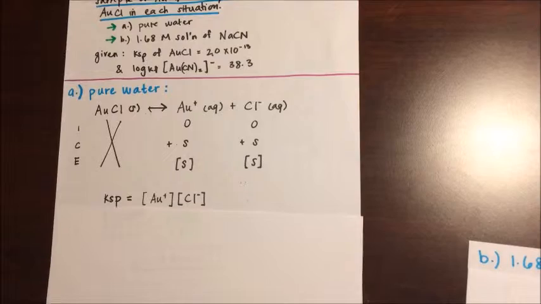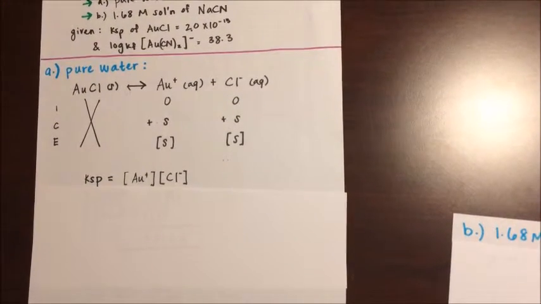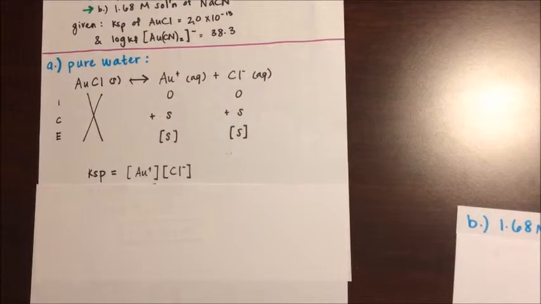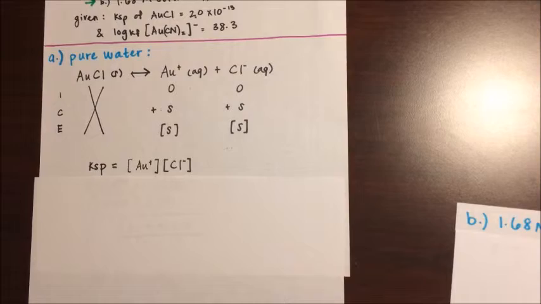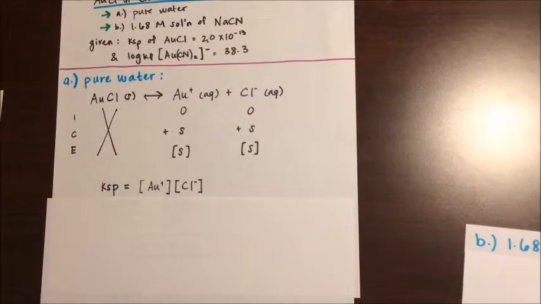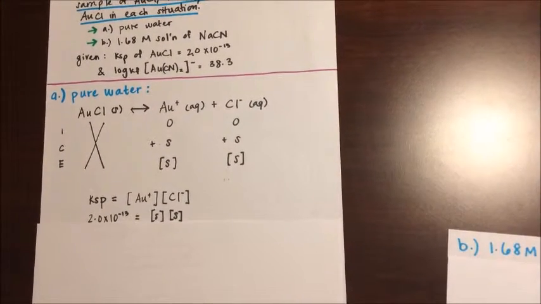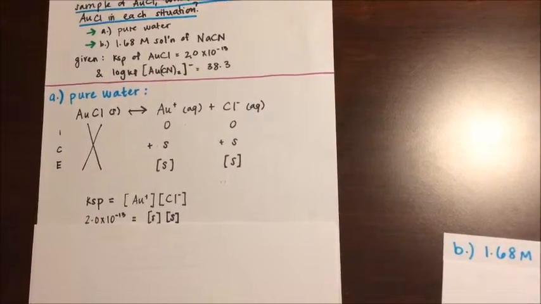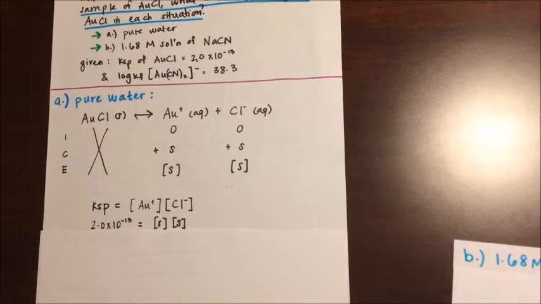And as soon as your ICE table is done, we can write out our Ksp expression as products over reactants raised to their coefficients. But remember to not include solids and liquids, and that's why our Ksp is equal to the concentration of Au+ times the concentration of Cl-. In the problem, we're given Ksp to equal 2.0 times 10 to the negative 13, which we can directly plug into Ksp.